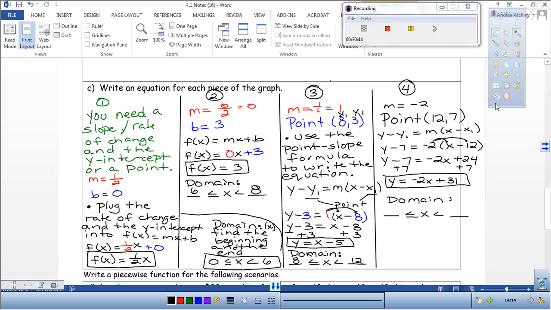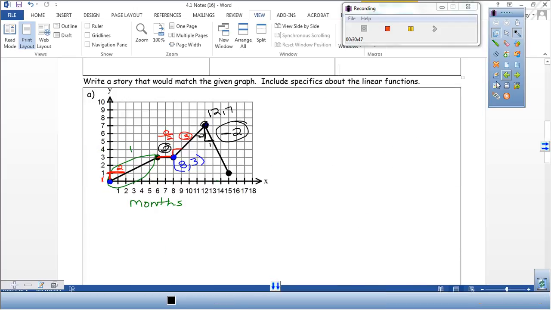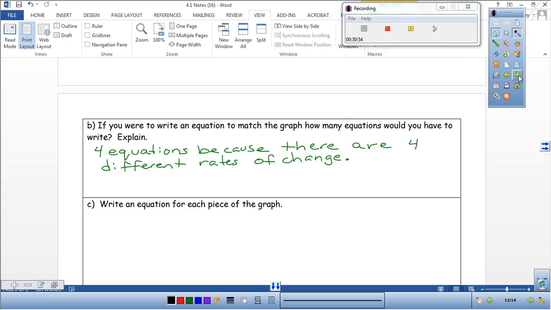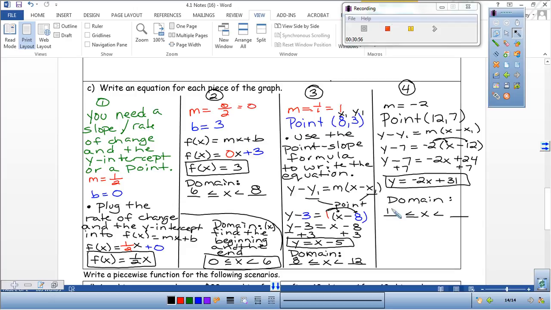Class, on that line where we start at 12 and end at 15. 12 and 15. Because again, we want that line to have a beginning and end. It doesn't go on forever. Any questions over that? Okay, let's do one more.